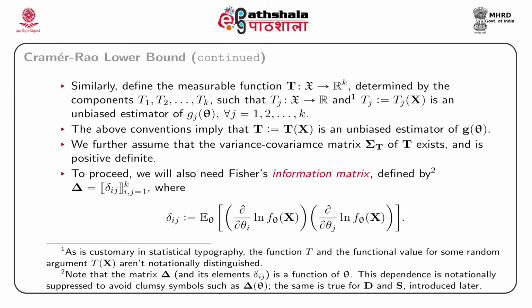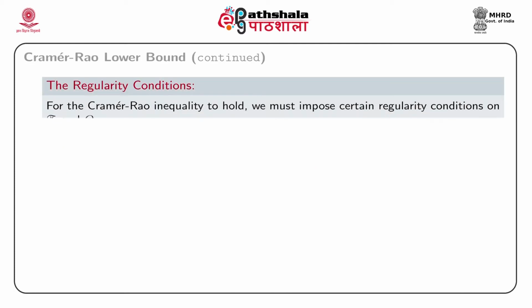Suppose script F theta, which is the set of all f theta x such that theta belongs to script theta, be a family of joint PDFs of X which satisfies the following regularity conditions. Number 1. Script theta is an open subinterval of the real line.